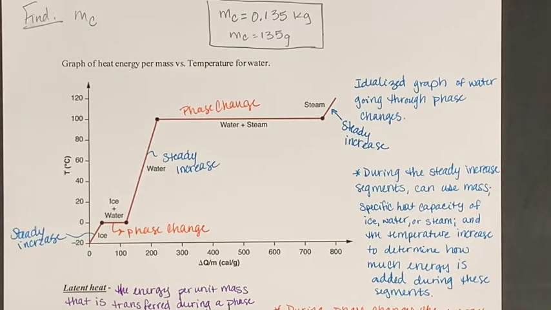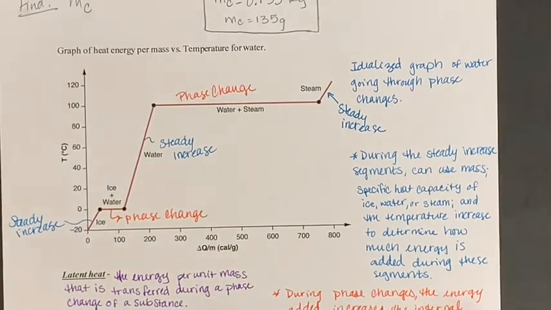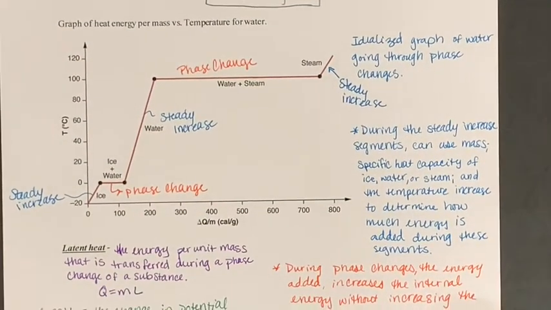So remember from a couple of chapters before that potential energy is associated with the electric forces between these charges. So what happens is you have your latent energy. If you can see this, latent energy is the energy per unit mass that is transferred during a phase change of a substance.